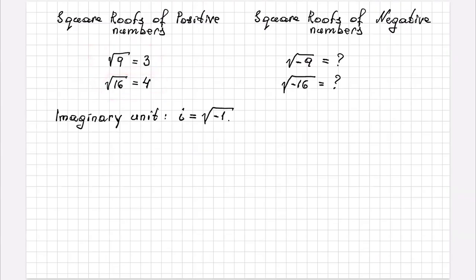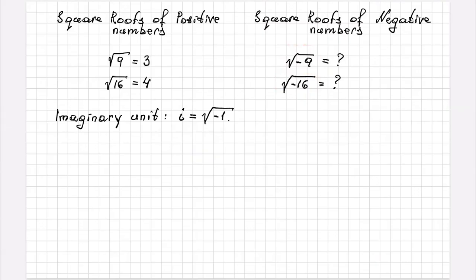But whenever we have the square root of, for instance, negative 9 or negative 16, typically, if we don't know anything else, then we say that this is not a real number, or it's an imaginary number, or something like that. So the question is, how can we deal with the square root of negative 9 or the square root of negative 16?